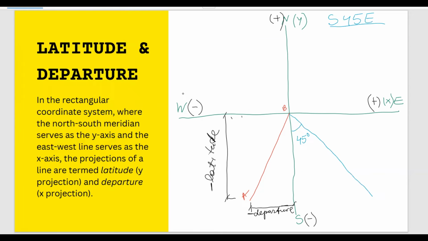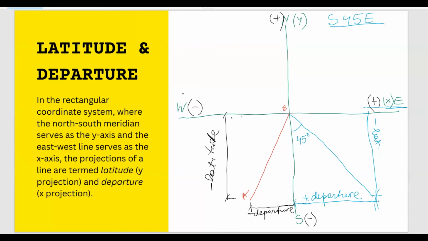Now the latitude is vertical, so the latitude of this line is going to be negative because south latitude is negative, so I'm going to get minus latitude, and the departure, east departure is positive, so I'm going to have a positive departure. Okay, I hope this makes sense.